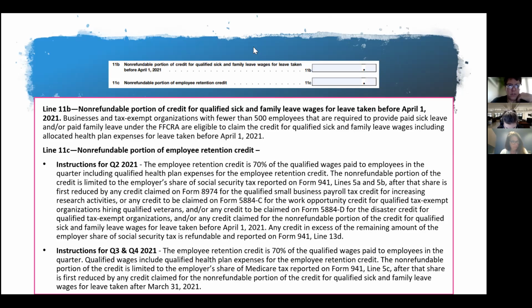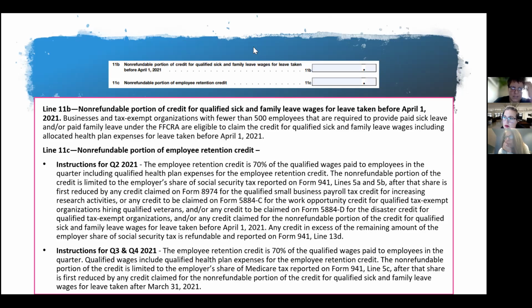The calculation for this credit is on the worksheets, the same as everything else. These credits are first reduced by any credit you claim for the small business payroll tax credit for research activities, or any work opportunity credit for tax-exempt organizations.